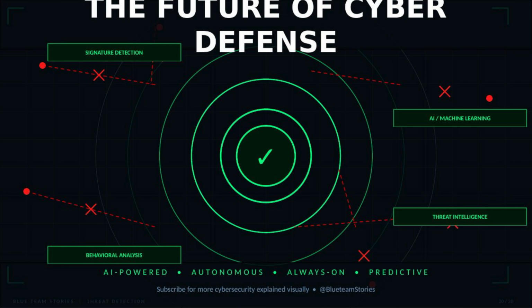The future of cybersecurity will focus heavily on predictive threat detection, where AI identifies attacks before they fully execute. Security systems will become faster, smarter, and more autonomous in defending networks and critical infrastructure. In the modern digital world, threat detection is no longer optional. It has become one of the most essential pillars of cybersecurity defense.